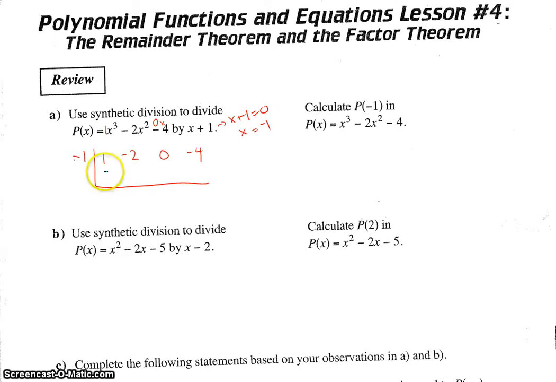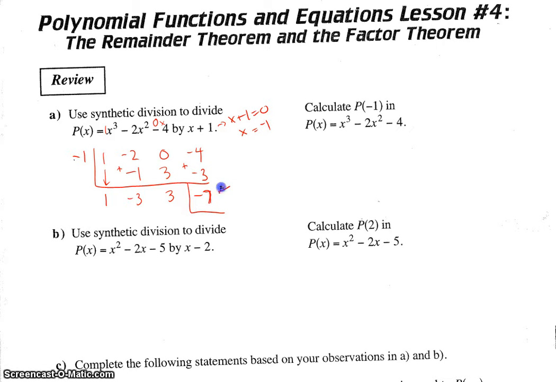Okay, so carry the 1 down, multiply: -1 times 1 is -1. We add to get -3, multiply again, we get 3, we add, multiply -1 times 3, we get -3, and finally we add to get -7. Exactly what we did in the last lesson.